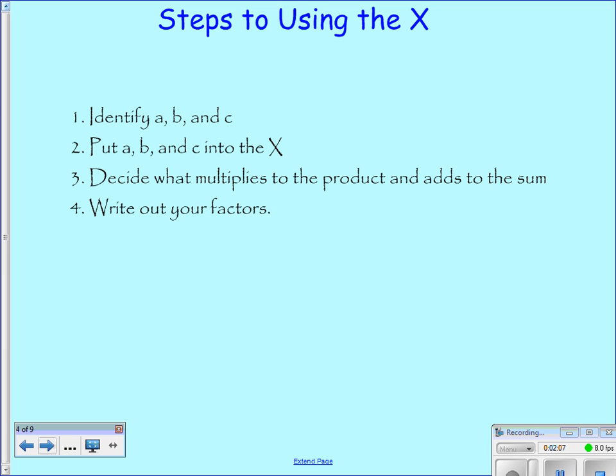Second step is to put A, B, and C into the x. So A times C goes in the top part, B goes in the bottom. Step number 3 is deciding what multiplies to the product and adds to the sum. Step number 4 then is to simply write out your factors. So for today, we just want to get those factors written into our x.